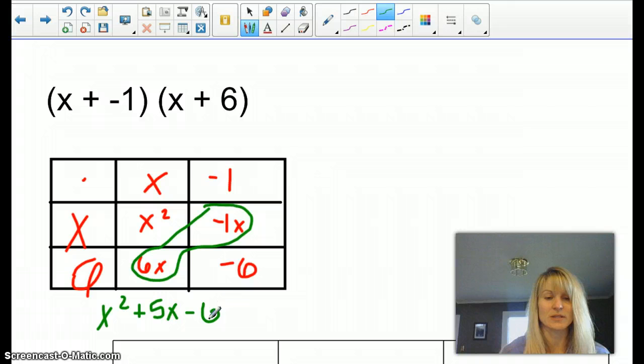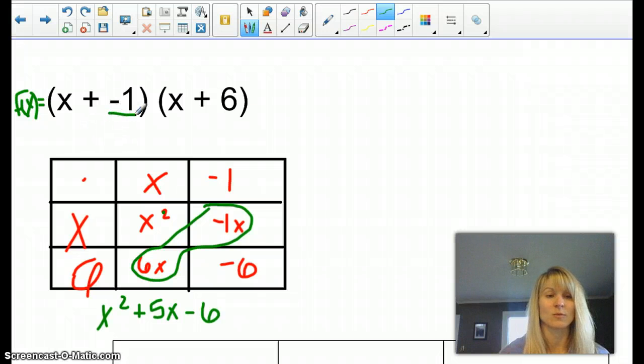Now we have a test on Wednesday. Some of the things you really need to remember is this is your constant, 5 is the coefficient. We still need to remember that this is the intercept form, and this is going to be a quadratic equation because of the x squared. The intercept form gives us the x-intercepts.